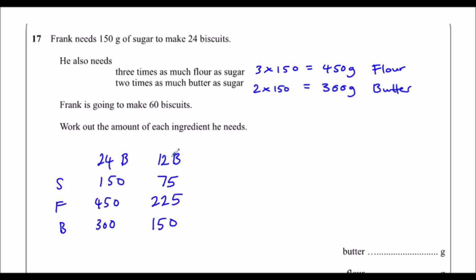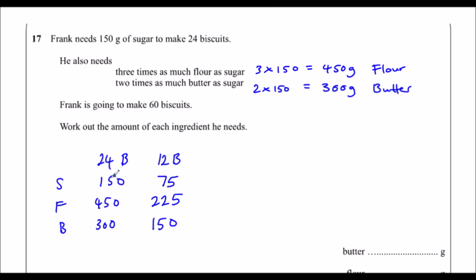So now we've got 12 biscuits. We need 60, so we could do 12 times 5 to make 60, or we could do 2 of these, 2 24s, which will make 48, plus the 12, which will make 60. So either of those 2 methods.